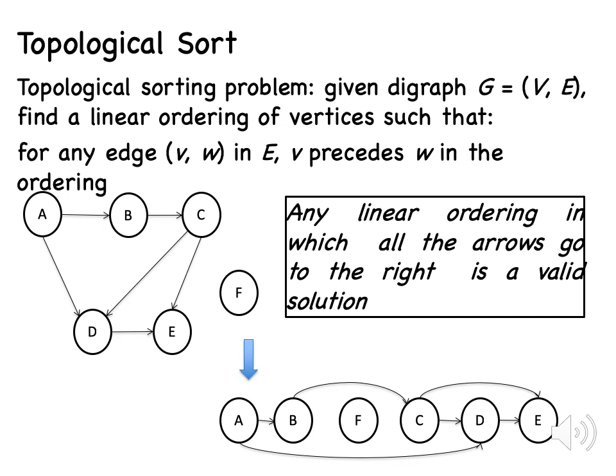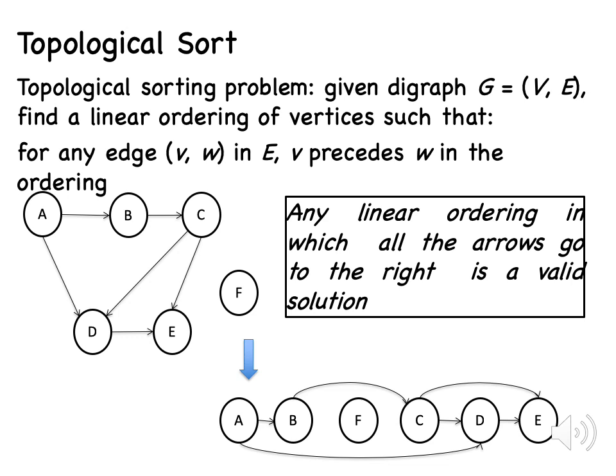That is, for any edge (V, W) in E, V precedes W in the ordering. That is shown in the right bottom corner. A to B, B to C, C to D, D to E are shown, and F is put in between. Now how does this happen?